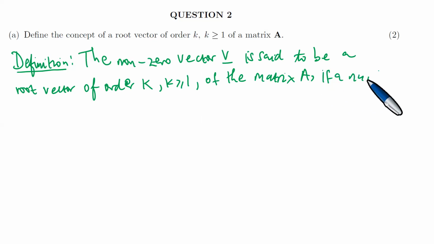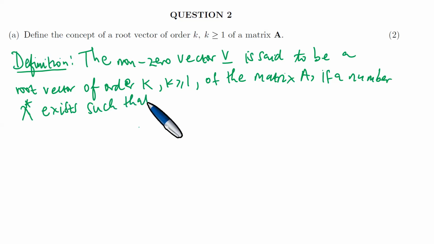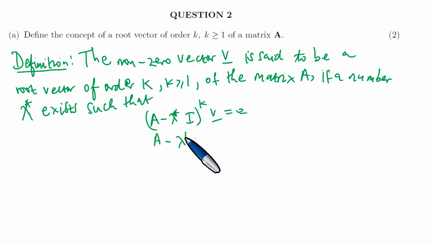if a number lambda star exists such that (A minus lambda star I) to the power k V is equal to 0, but (A minus lambda star I) to the power k minus 1 V is not 0.